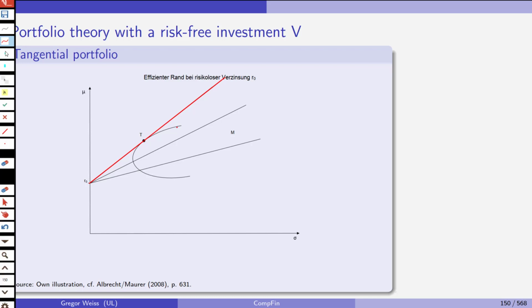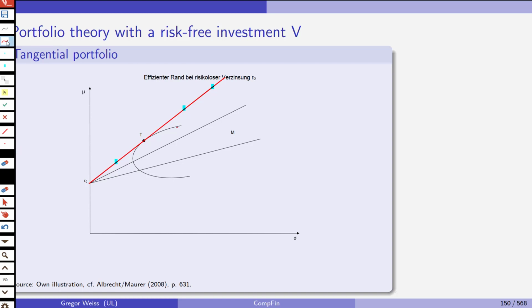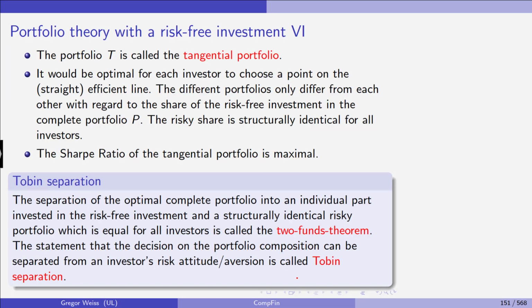If you take this point, or this point, you can see that you're always buying the same portfolio of risky securities. You're simply investing more or less in the risk-free investment. And thus, this is the Tobin separation. It tells you that as soon as you introduce risk-free investment, everyone buys the tangent portfolio.